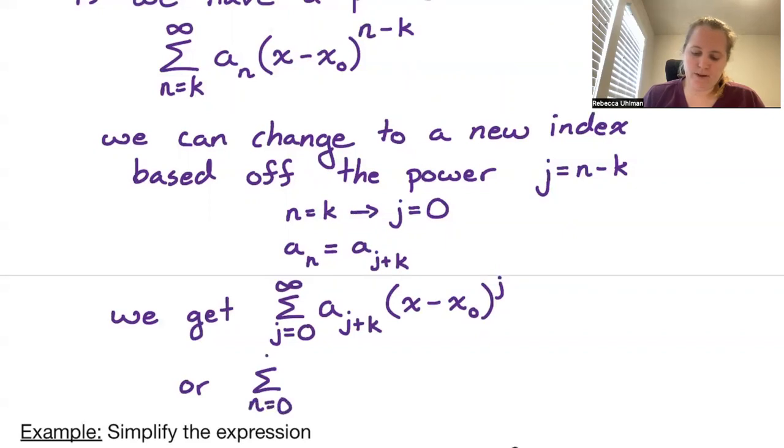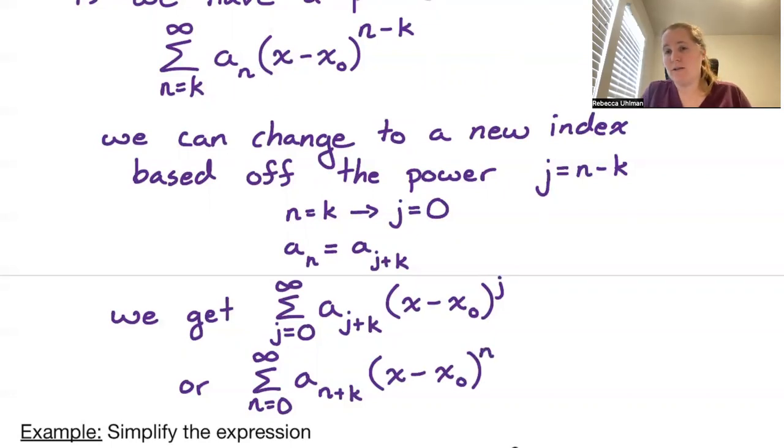So we can go from n equals 0 to infinity of a sub n plus k times (x minus x naught) to the n. Essentially, we're taking our whole series, which was originally indexed more by the coefficient than by the power, and now shifting so that the power is our 0th term, so that our first term is our 0th term again.